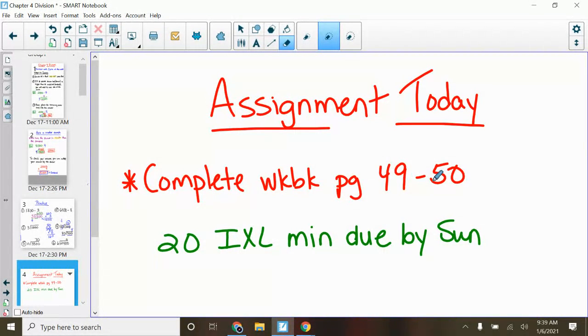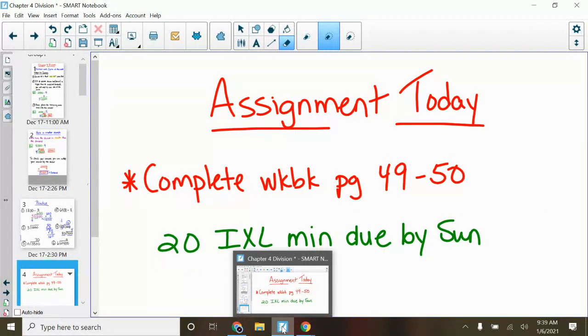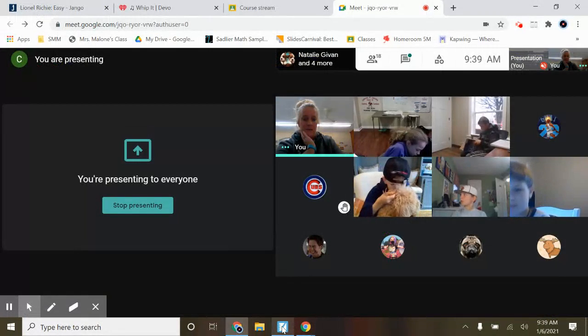So you have to complete all the problems on those 2 pages. That's due to me by tomorrow. And remember, we give you until the end of the day tomorrow to get that finished, so you actually have more than 24 hours to complete this assignment. And I also put a little note in here for you to remember to do your IXL minutes that are due by Sunday. Okay.